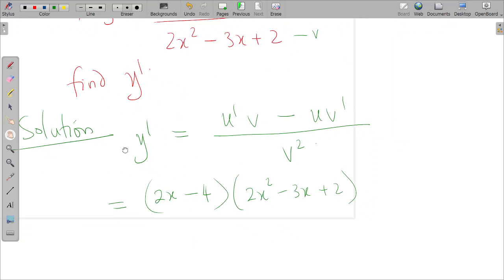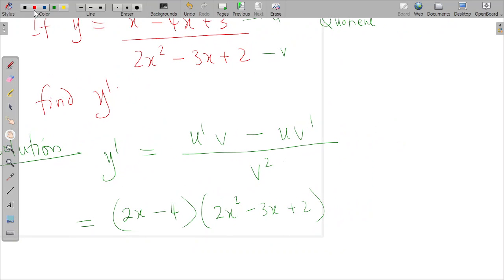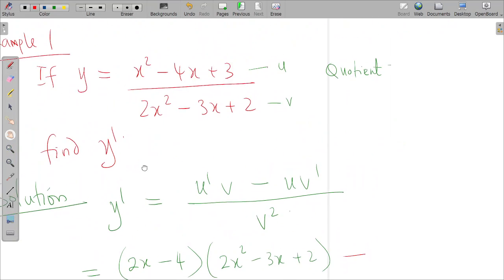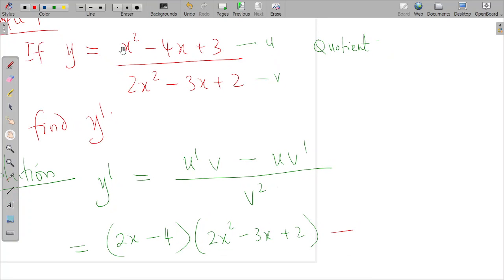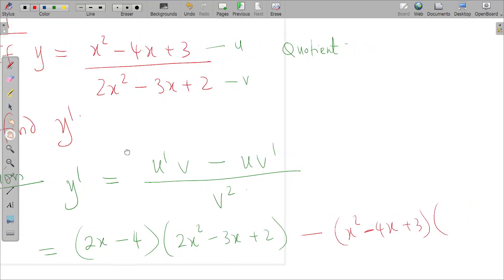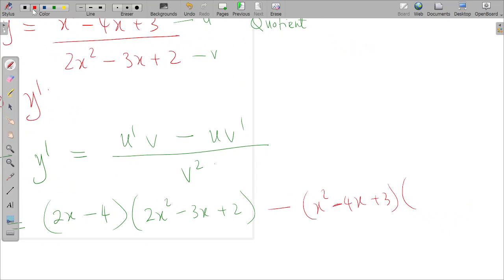Now again you need to write the numerator and multiply by the derivative of the denominator, 4x minus 3.